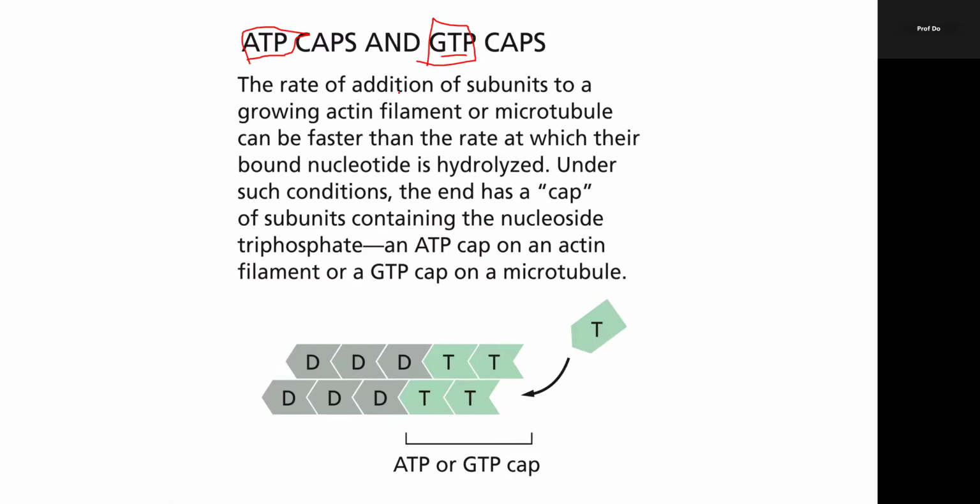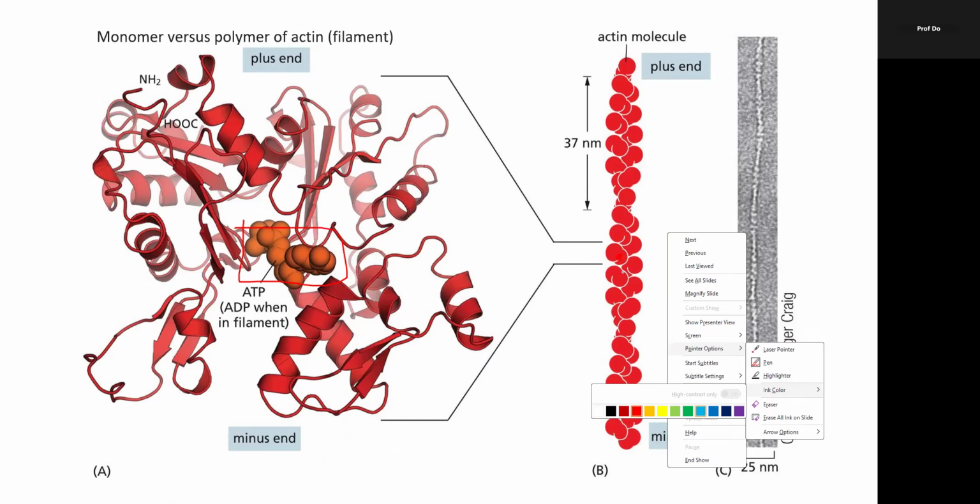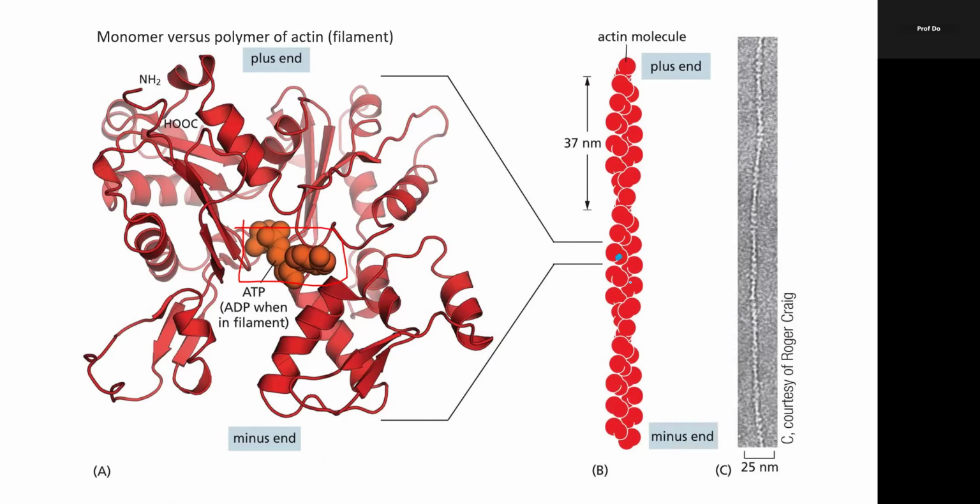Now, for simplicity's sake, we are always going to say that the triphosphate is the more stabilized form. When we're adding subunits in, they are in their triphosphate form, the ATP form embedded within the actin subunit. So here's your ATP embedded within your actin subunit. If I use a different color here, I can highlight that the ATP might be embedded in this region where the blue dot is.